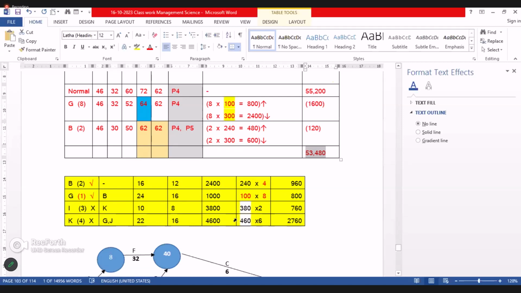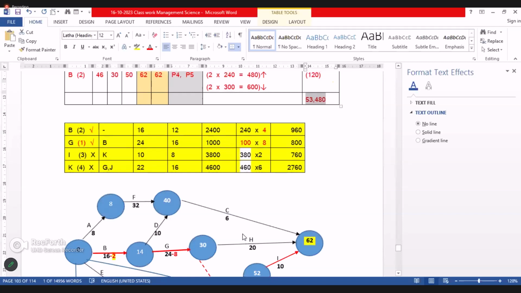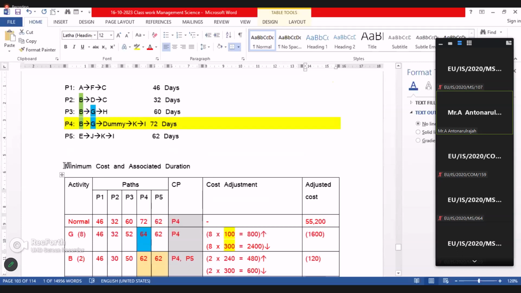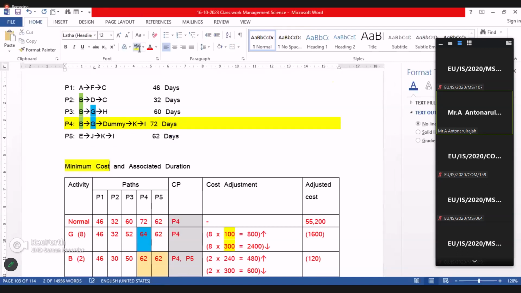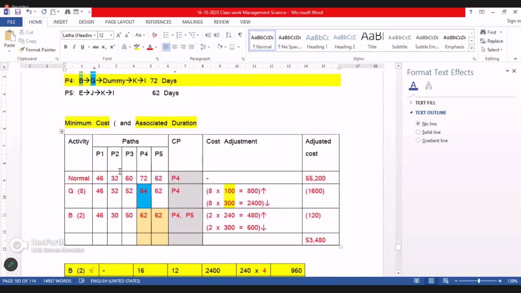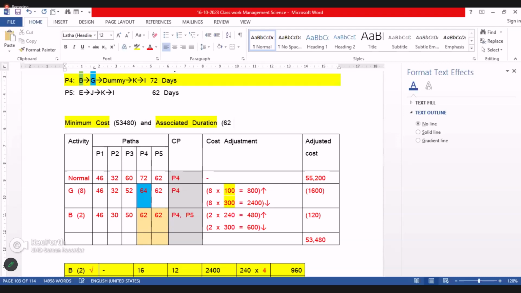But our purpose is to find the minimum cost and the associated duration. So what is the minimum cost now? 53,480. What is the associated duration? 62 days.